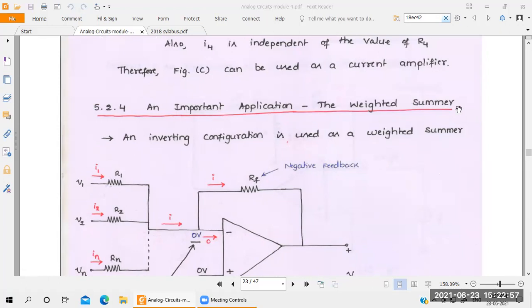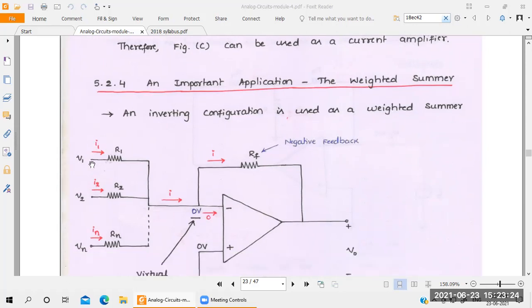Weighted summer. That means we want to add the signals, depending upon your requirement. First you know the requirement, so by using that requirement we can update the weights, like 1 voltage, 2 voltage, 3 voltage.